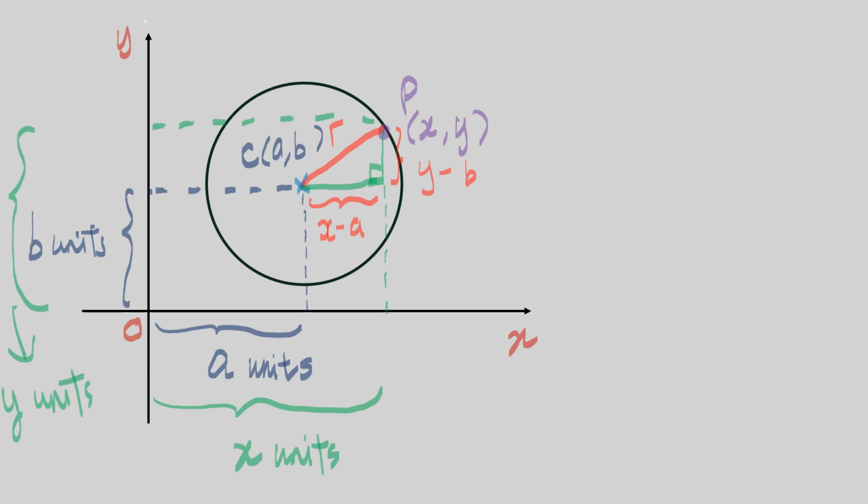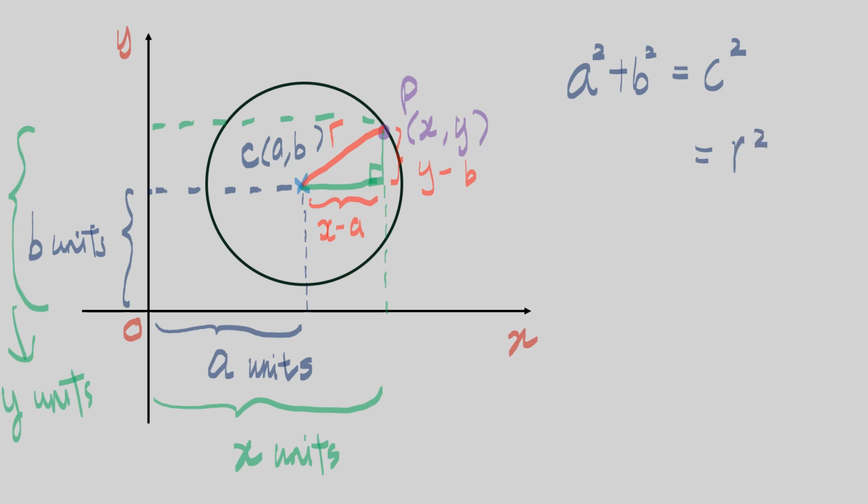Now we're going to apply the Pythagoras theorem on this right angle triangle. What is the Pythagoras theorem? It is a squared plus b squared equals c squared. The c squared is the side opposite the right angle, which is your radius, so that equals r squared.